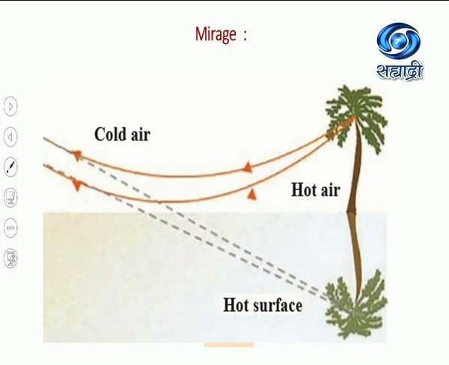When the temperature changes rapidly in the vertical direction, as refraction of light takes place, the angle of refraction changes continuously. Hence, an inverted image is formed below the object's true position and downward towards the surface in the direction of air at higher temperature.